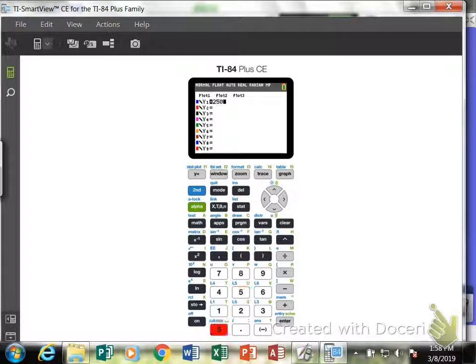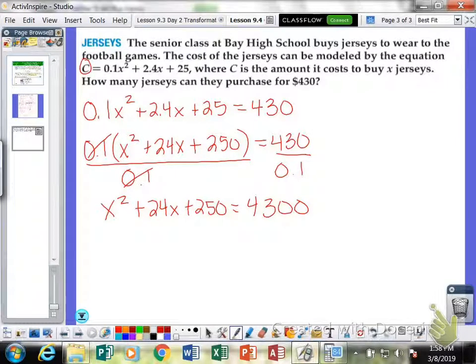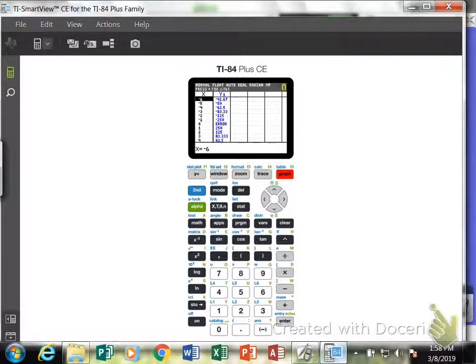Then it was 250 divided by x, and if we go to the second table, that will give us all of our factors. I'm going to see if I can get factors of 250 that give me positive 24.